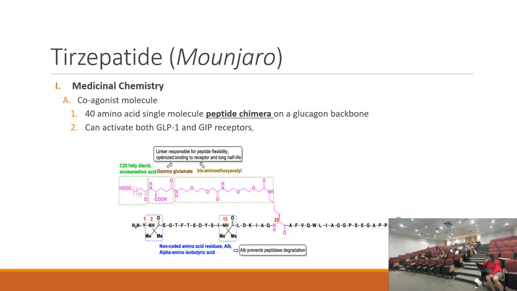This drug, again, I'm not going to give you any kind of structure-activity relationships about this, just to show you the complexity of this particular compound, and the two molecules that are connected together here, and how they're modified to prevent rapid DPP-4 breakdown.